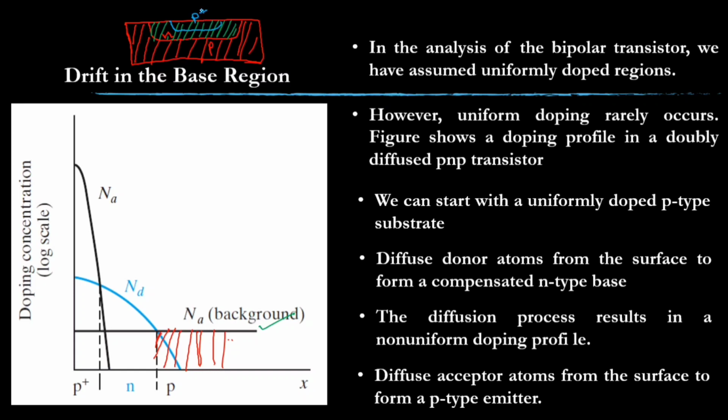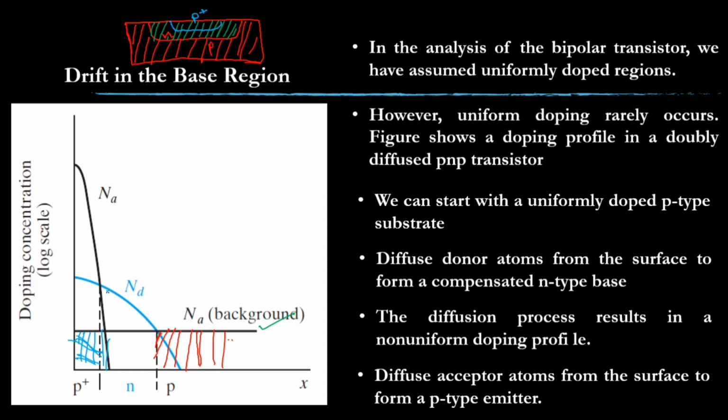The concentration of acceptor atoms is very large compared to the donor atoms, so this area becomes a highly doped p region.